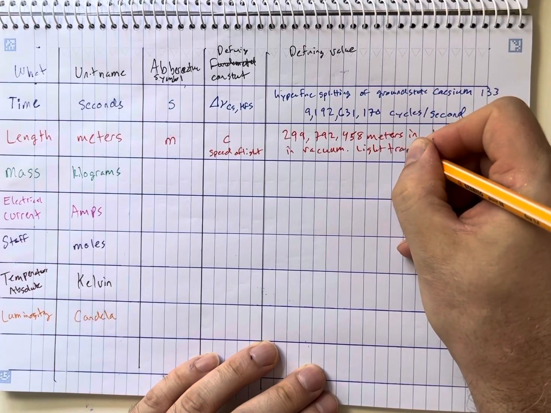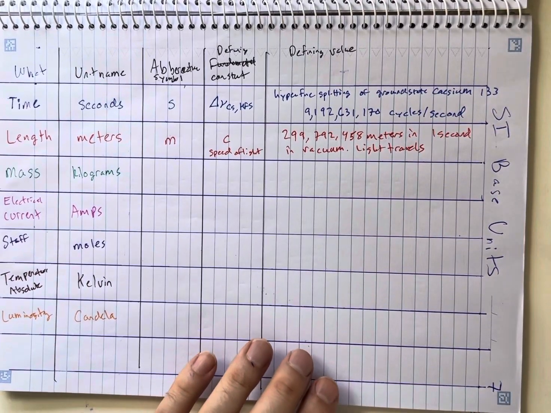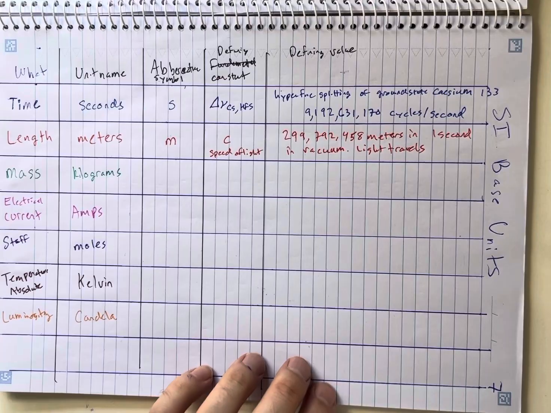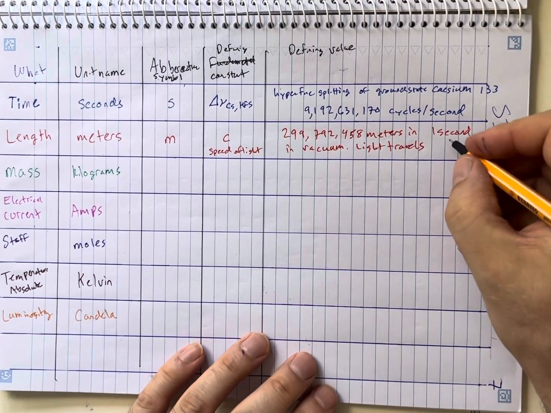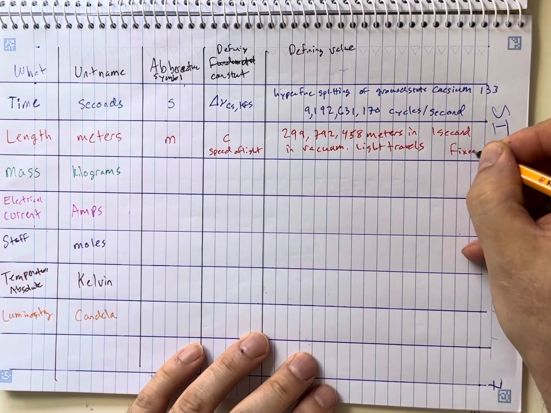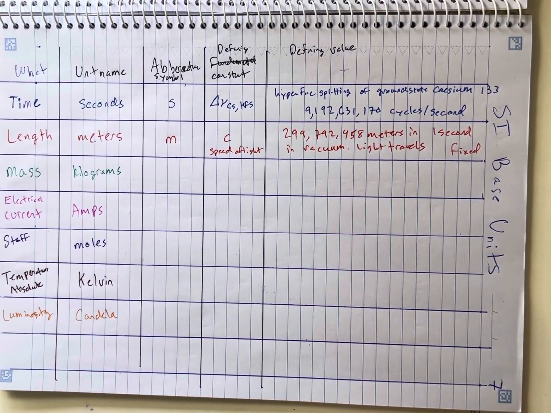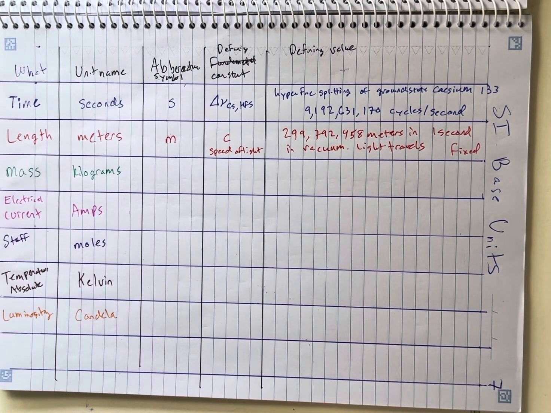Light travels. So this is how far light goes in a second. So this is fixed. Okay, it's all good. Some of us have occasionally screwed that up.